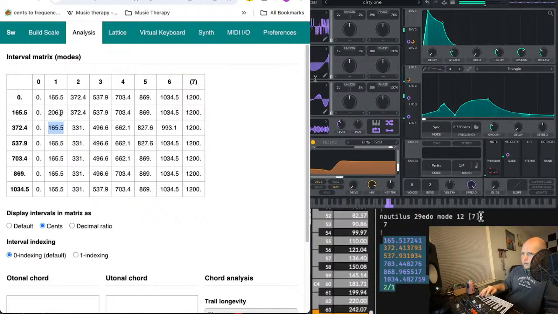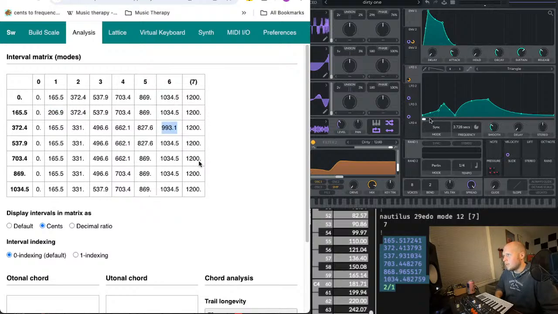It's interesting. And yeah, that's kind of cool. So we only have one of the major seconds. The rest of them are the large neutral, undecimal neutral seconds.